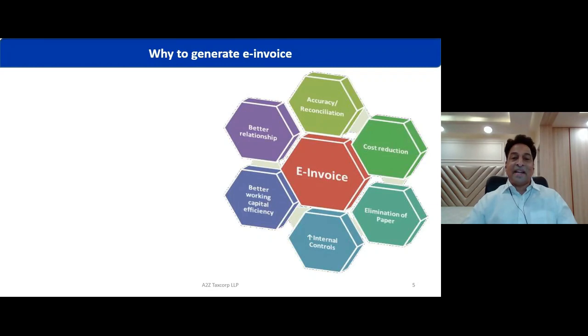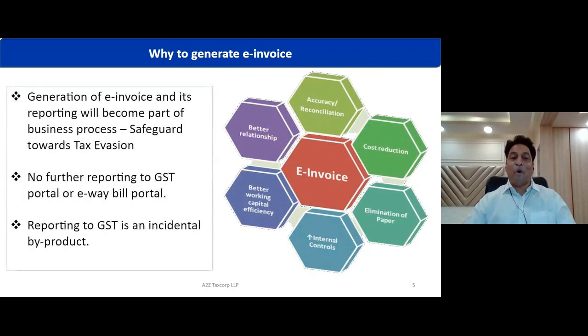So when we look at these advantages, they can be summarized as a silver lining: it is a safeguard against tax evasion, there is no further reporting to the GST portal and e-way bill portal, and this reporting to GST becomes an incidental byproduct. So this is the need and necessity for why generation of e-invoice was thought of in the GST regime, and that too after 3 years of GST implementation.